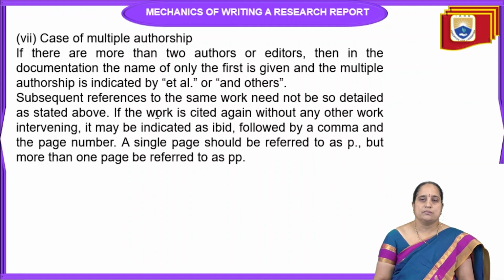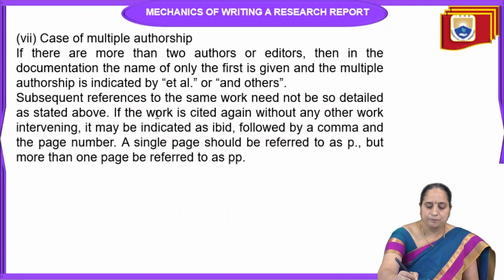And in case of multiple authorship, if there are more than two authors or editors, then in the documentation, the name of only the first is given and the multiple authorship is indicated by et al., or and others. So subsequent references to the same work need not be so detailed as stated above.